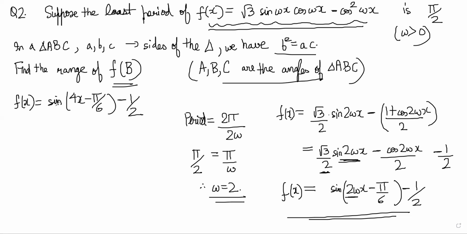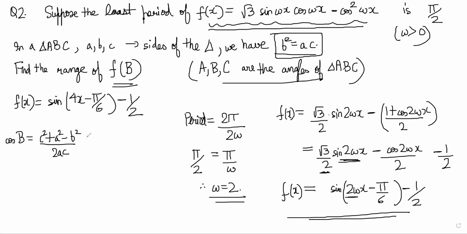Now, in this question, we have been given b square is equal to AC, right? So let's try to use that. If I use the cosine rule, cos B must be equal to (c square plus a square minus b square) by 2ac.